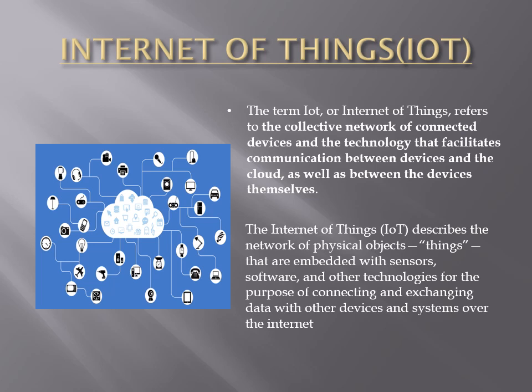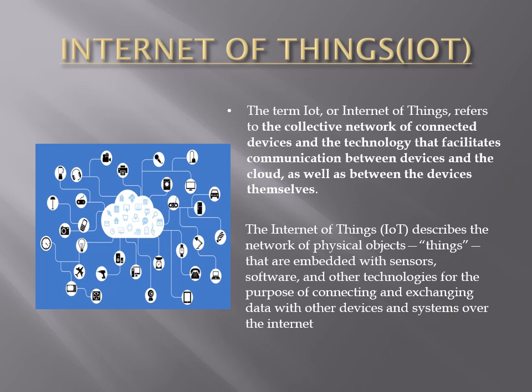Internet of Things, IoT. IoT stands for the Internet of Things. The term IoT, or Internet of Things, refers to the collective network of connected devices and the technology that facilitates communication between device and the cloud, as well as between the devices themselves.